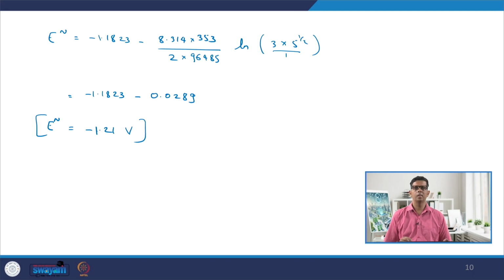So, if you have a fuel cell operating at 80 degrees Celsius, having pressures 3 atmospheres and 5 atmospheres, and on the similar side, if you have electrolyzer operating at again the same conditions, we will have almost similar potentials for the fuel cell as well as the electrolyzer. However, in case of electrolyzer, the potential is always negative, meaning that the energy has to be supplied.